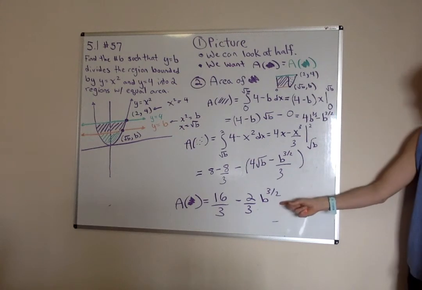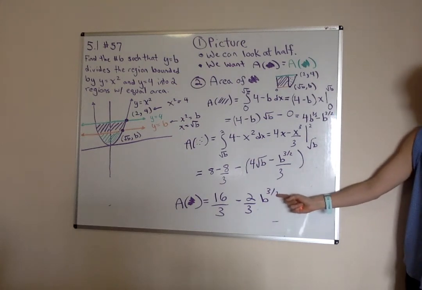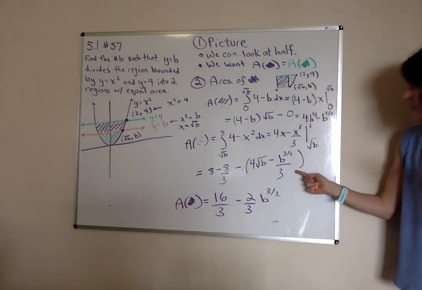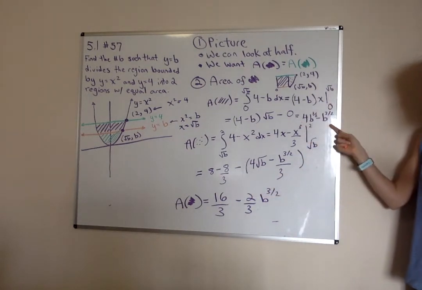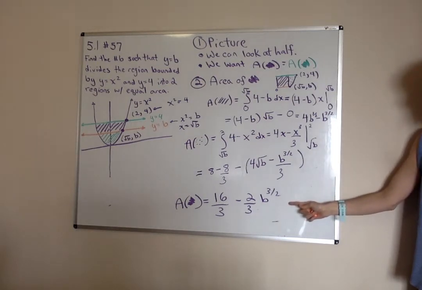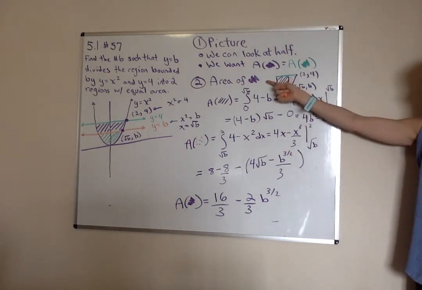I'm not doing this all out, but what I did here is I added this line and this line to get to here. So I found the area of the purple.